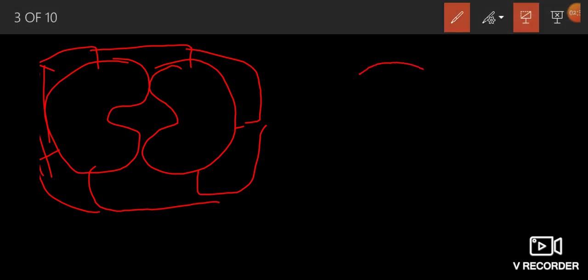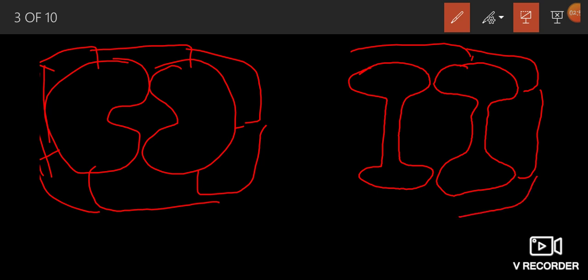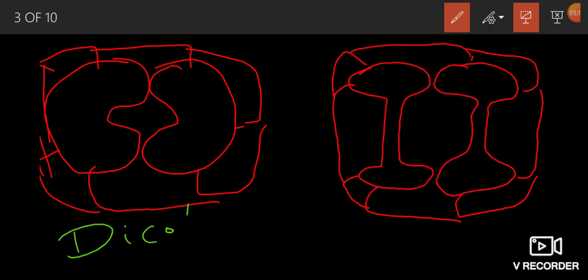And in monocot plants, guard cells are dumbbell shaped. These are the subsidiary cells. This is a dicot plant and this is a monocot plant.